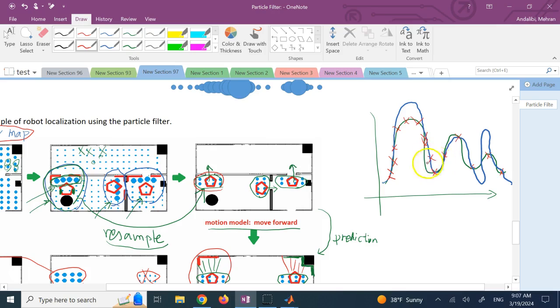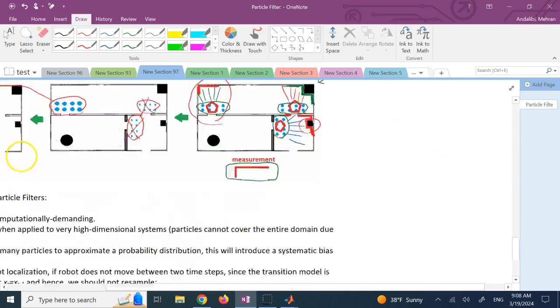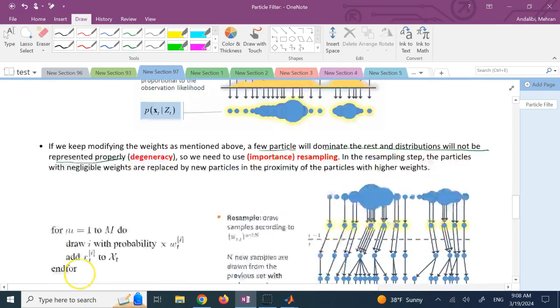Once I have a good number of particles, then I cannot go with this blue curve, because this blue curve does not represent all these particles, and that will help me, before being so sure about the final outcome, still be able to what? Represent my posterior probabilities with sufficient accuracy and avoid a problem which is called degeneracy.